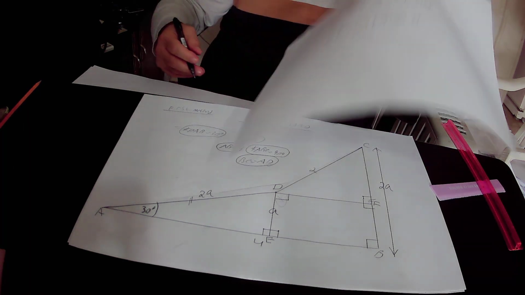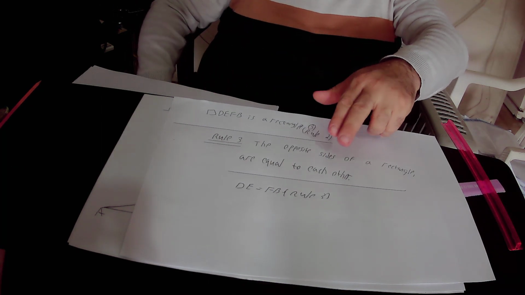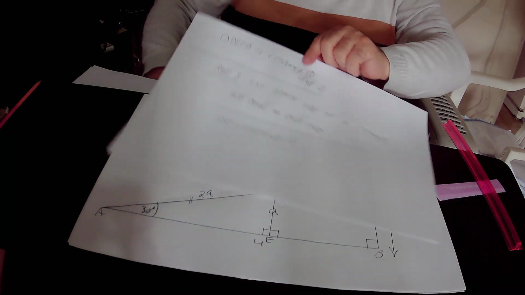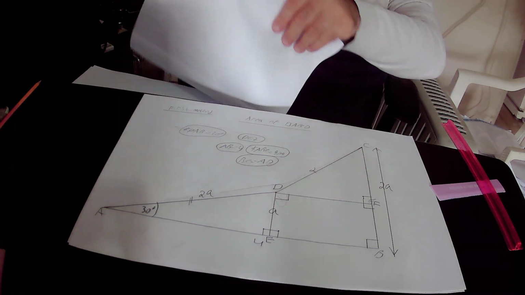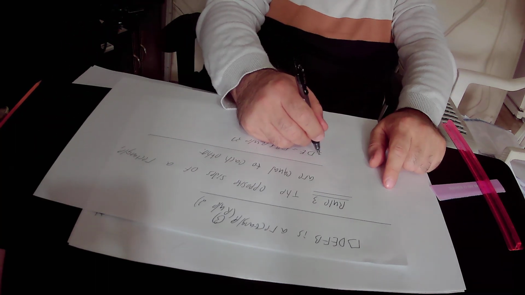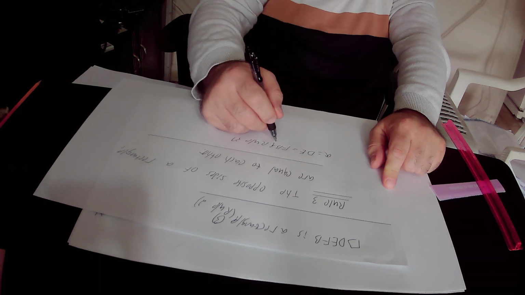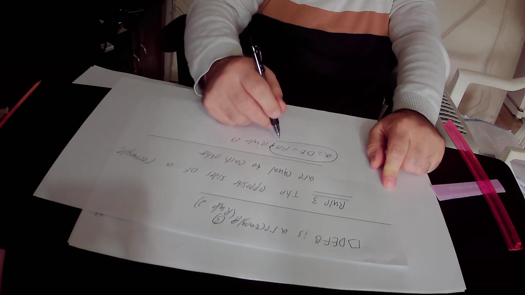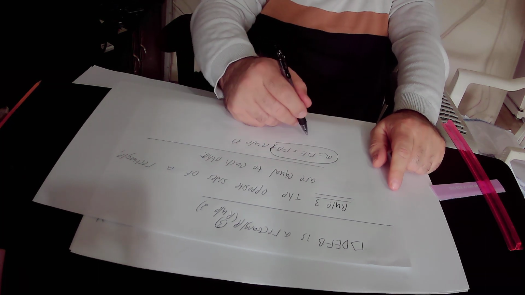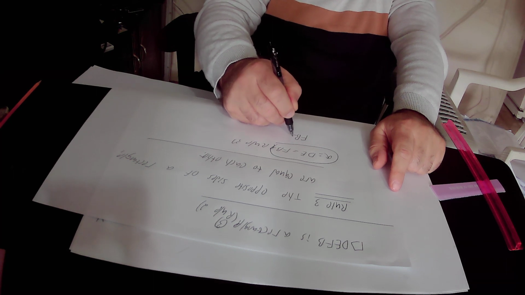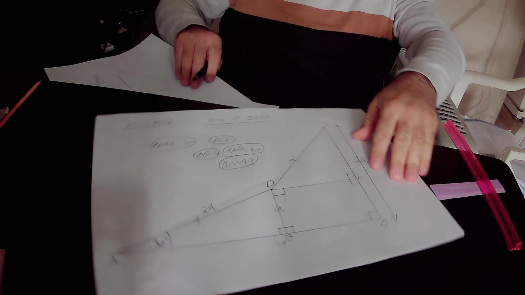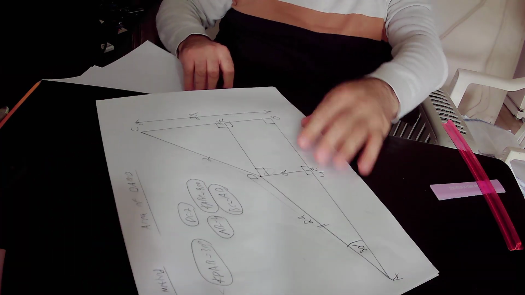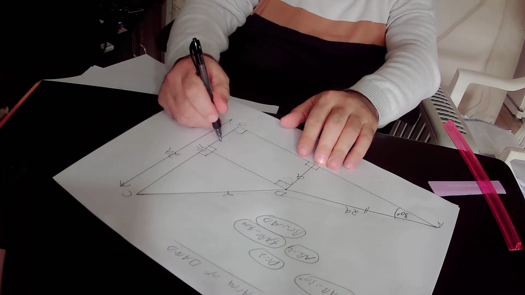But we defined DE as A. DE equals A according to our definition. So from this equation, we will derive that FB also equals A. So we can write here that FB equals A.